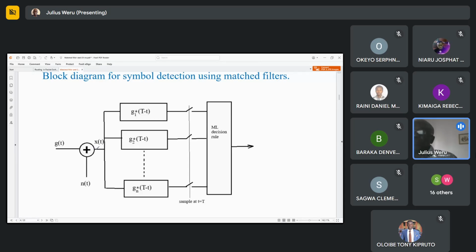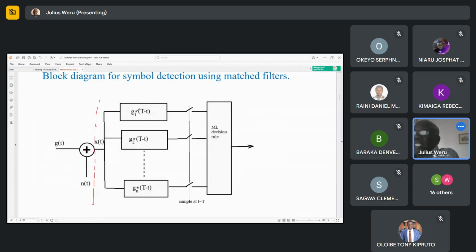Your input to our system is this, because this is not an input we are putting. This is happening in the channel. So our input is this one, x of t, and this is our time inversed. Actually, it's supposed to be time inversed and the conjugate.